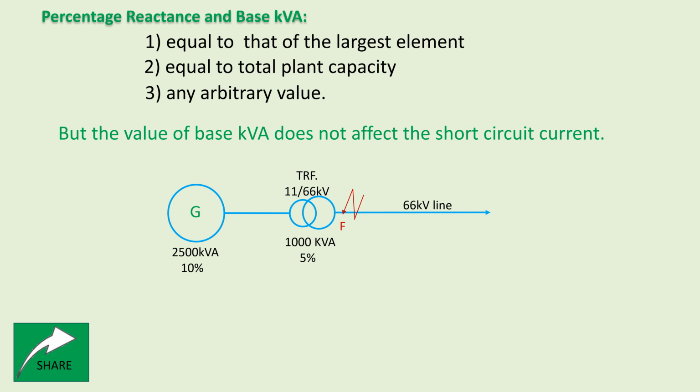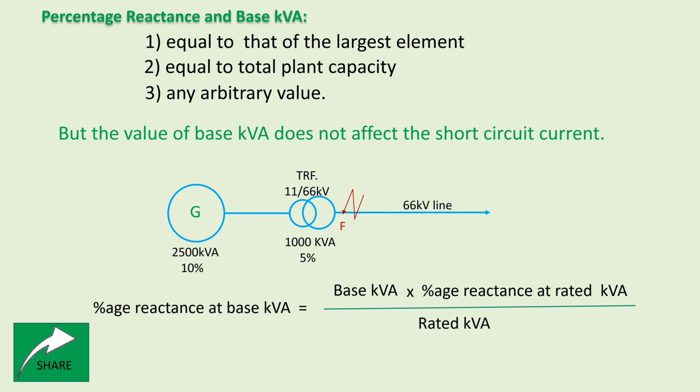The conversion of percentage reactance to base kVA can be done by using the formula: percentage reactance at base kVA is equal to base kVA into percentage reactance at rated kVA divided by rated kVA.